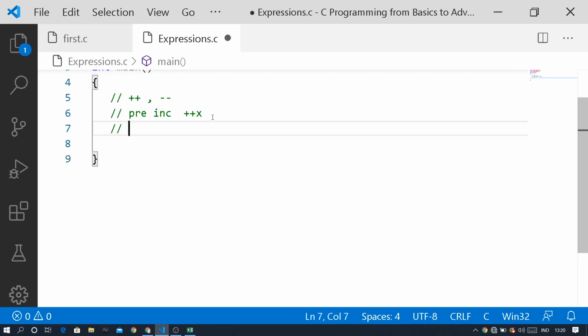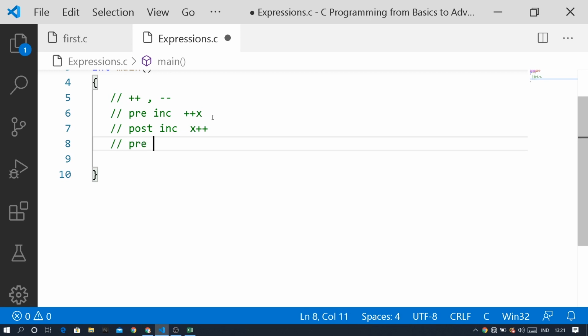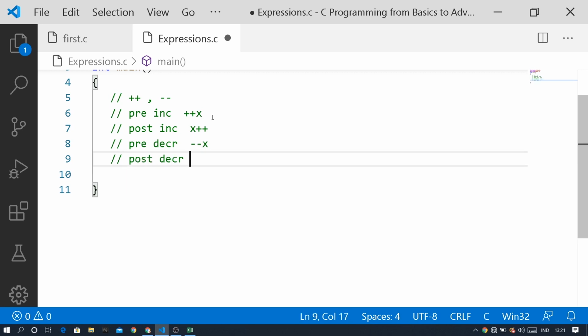Then followed by post-increment. Post-increment means first comes a variable, then followed by the plus plus operator. Similarly, we have the pre-decrement operator, where the minus minus has to occur before my variable. Then comes the post-decrement operator, where only after the variable does the minus minus decrement operator occur.